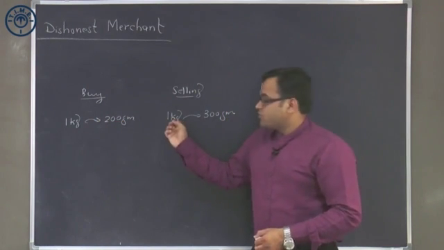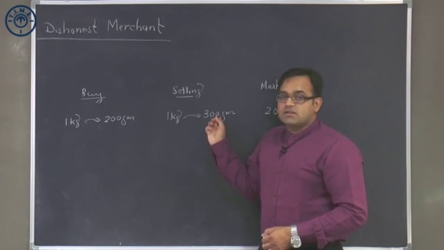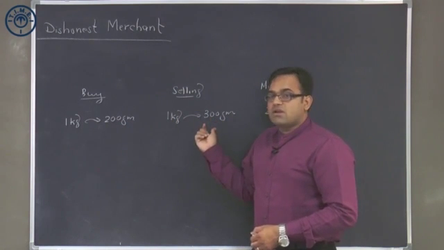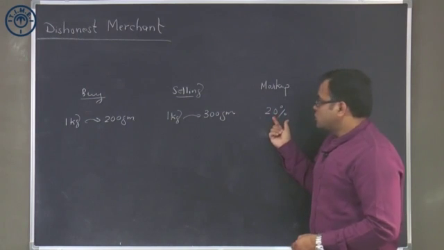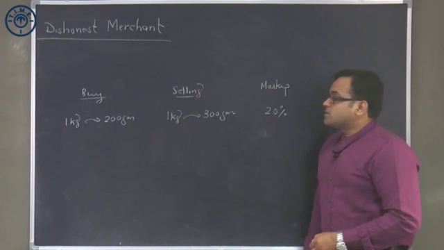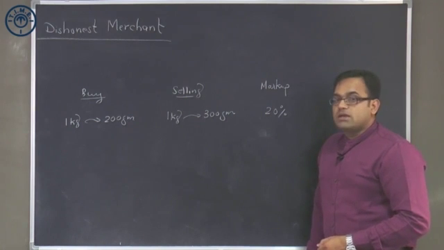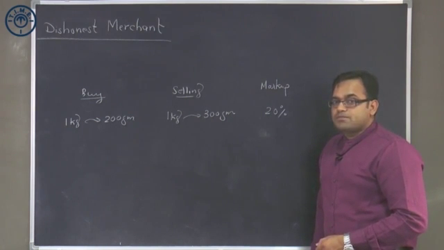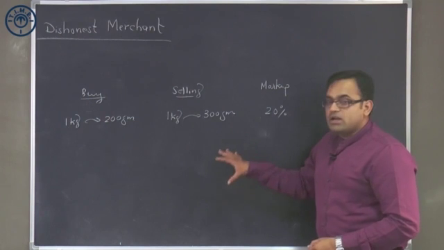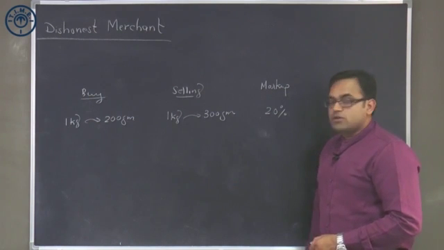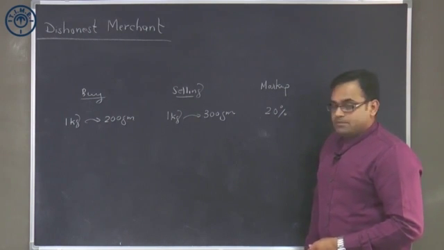When selling, instead of 1 kg, he is stealing another 300 grams. So he is selling only 700 grams. And also there is a markup of 20% from the CP to the SP. On the whole, what will be his profit percentage? So you should pause the video here, attempt this question, and then you should continue from here. Let us see.